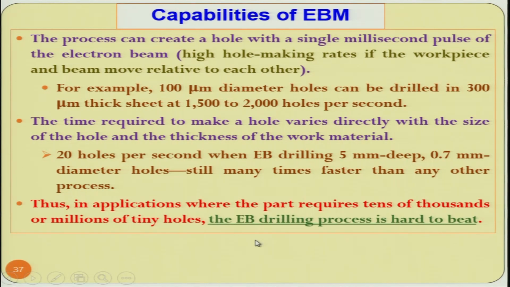holes per second. Thus, in applications where the part requires tens of thousands or millions of tiny holes, the electron beam drilling process is hard to beat, because you will see many processes like electrochemical micromachining, electric discharge micromachining, laser beam micromachining and so on for drilling holes, but it is really difficult to achieve this kind of performance, 2000 holes per second or 20 holes per second in a 5 millimeter thick sheet.